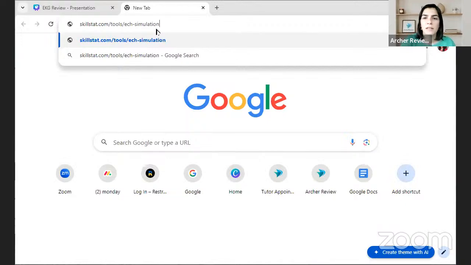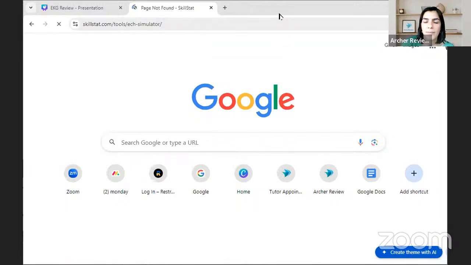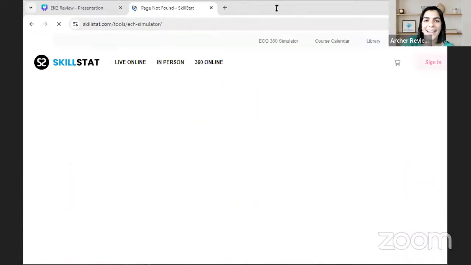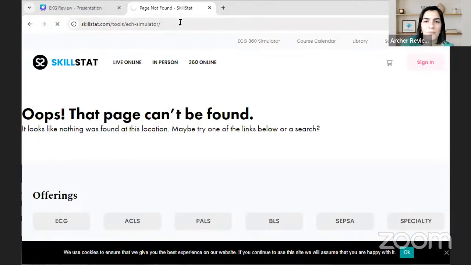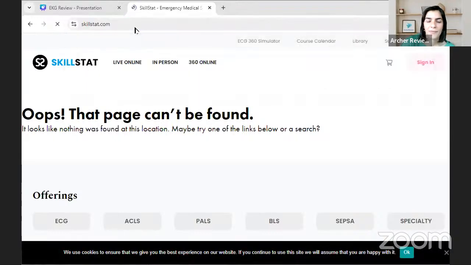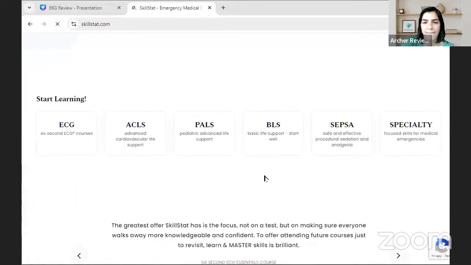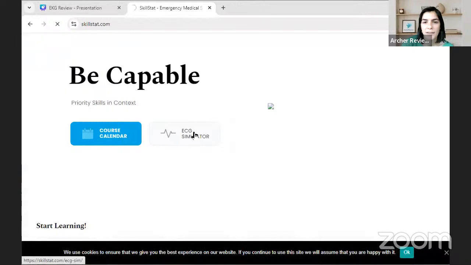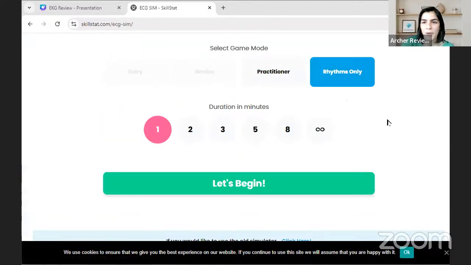Is it simulation or simulator? All right, let's just do skillstat.com. There we go, EKG simulator. So if you type in that full URL that I put for you, there's practice and play.